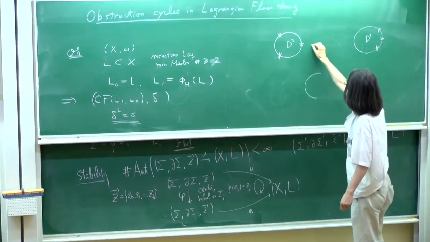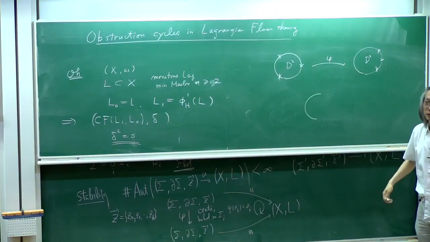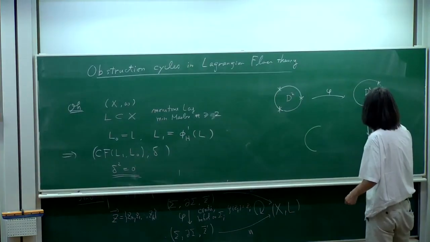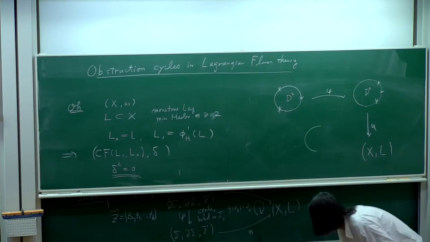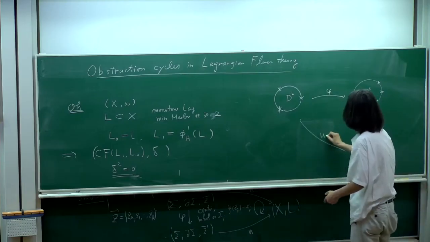And you have a map which sends this point to this point. And then I have a map U to X_L, and a map like this.